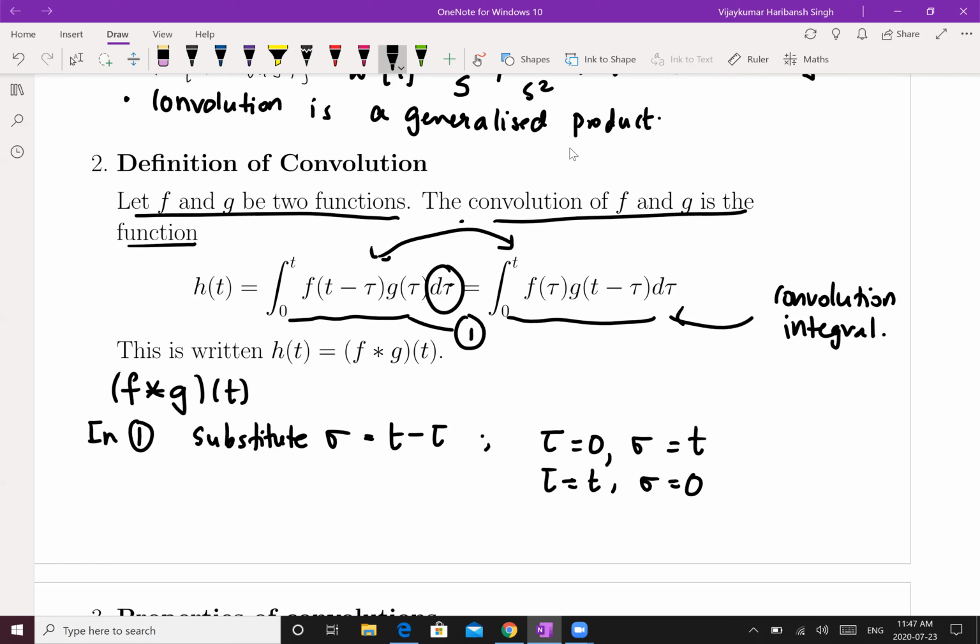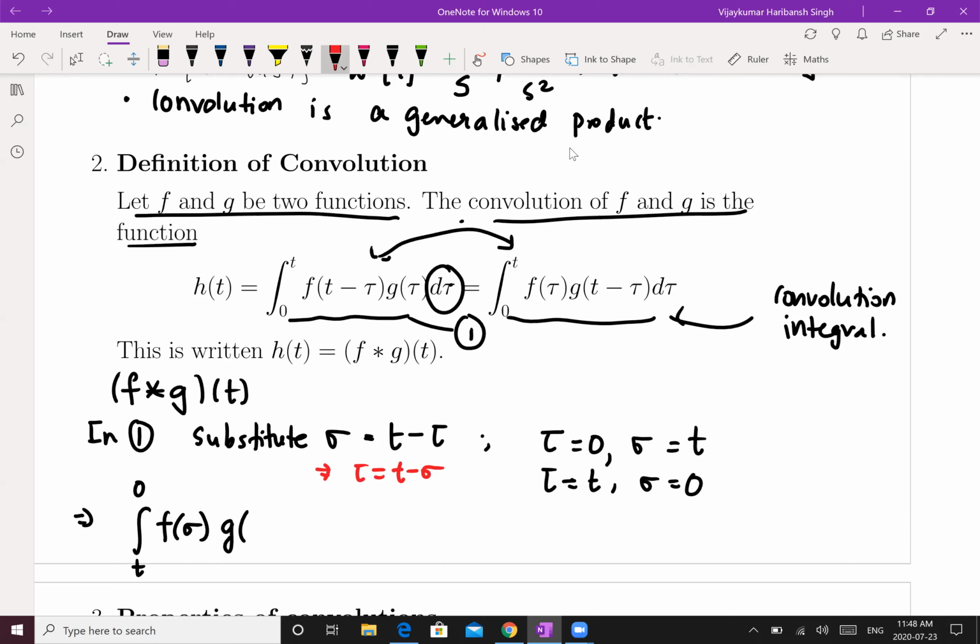So what do we get out of that? We get the integral from t to 0 of f(sigma) g of, now what is tau from here? This gives me tau equals t minus sigma.